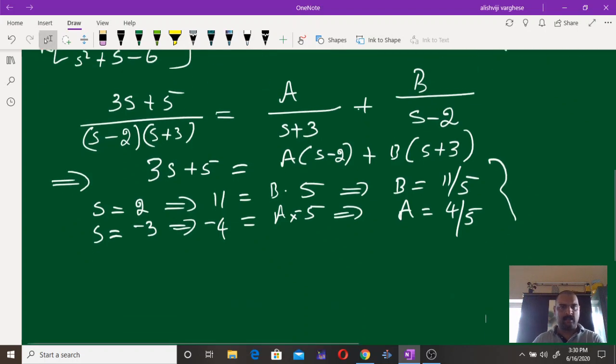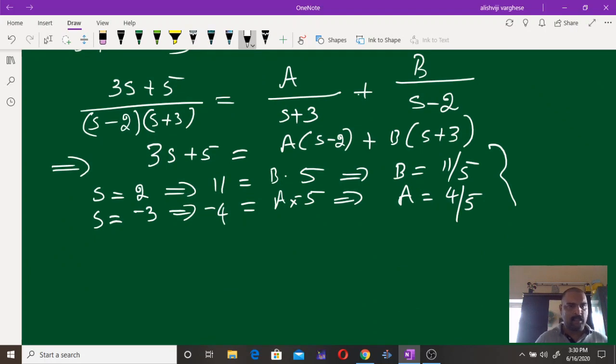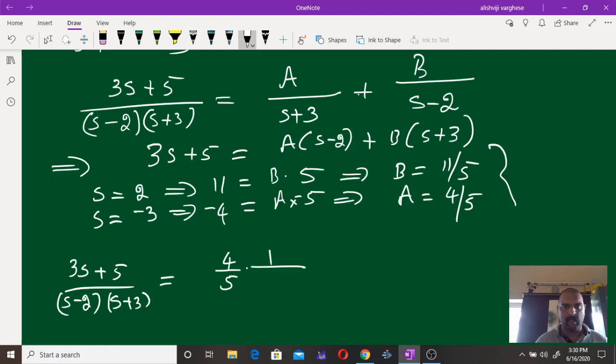So from here, we can express (3s plus 5) divided by (s minus 2) into (s plus 3) as a by s plus 3, where a is 4 by 5, so 4 by 5 into 1 by s plus 3, plus b, which is 11 by 5, into 1 by s minus 2.